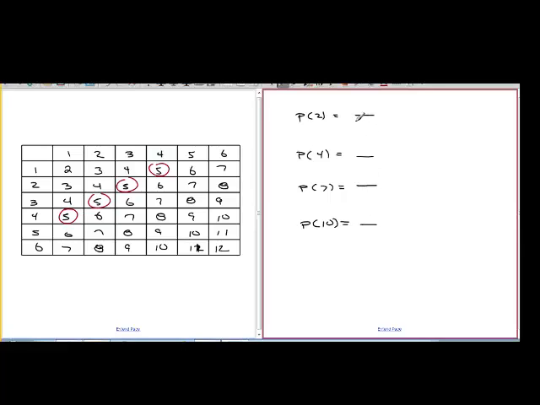To do that, we just count how many occurrences of each there are by going to the table. If we look at 2, you see there's 1. If we look at 4, there are 3 4s. If we do 7, there's 1, 2, 3, 4, 5, 6. So there's 6 number 7s, and there are 3 number 10s. So those are the probabilities of each one.